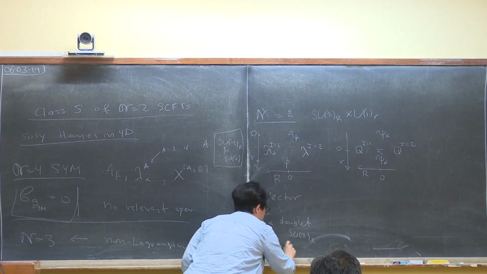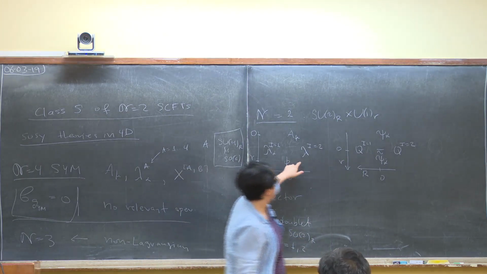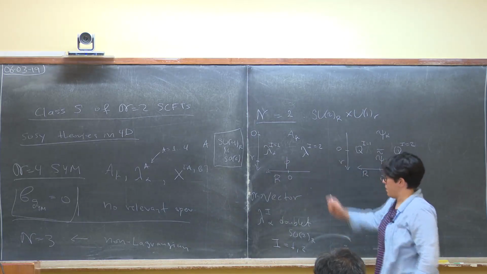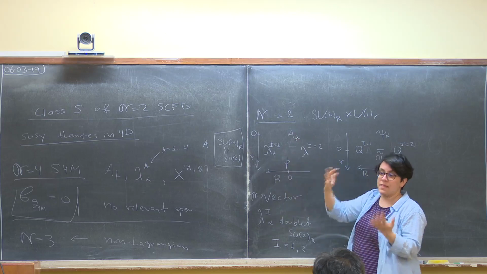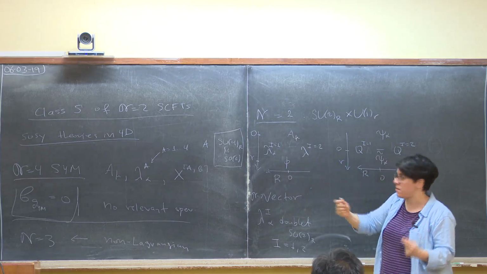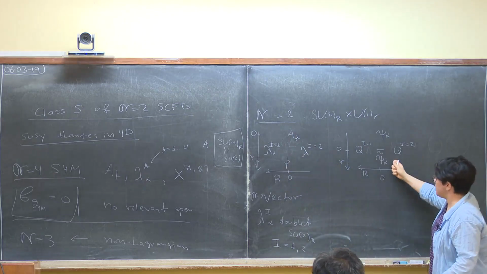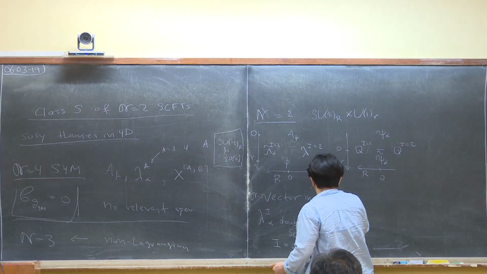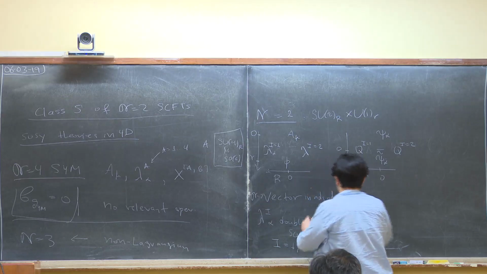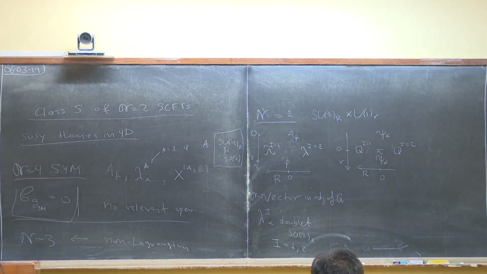And this I is the SU2 index that goes from 1 to 2. And there is a scalar that, by the way, if everybody is in a vector multiplet altogether, they all have to have the same color indices. So if this guy is in the adjoint, everybody is in the adjoint. So let's write in the adjoint representation of the color group. And to be honest, for these lectures, you can just think that it's SU(N) and that's it. And maybe even SU2 will be more than enough for most of it.